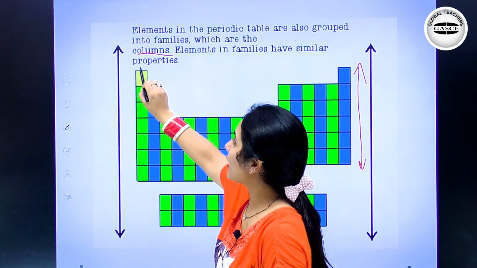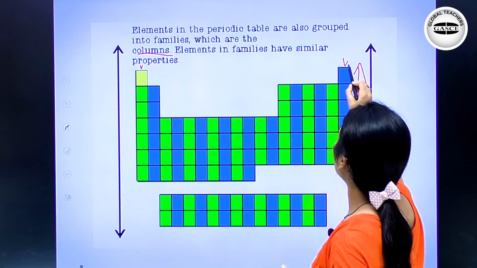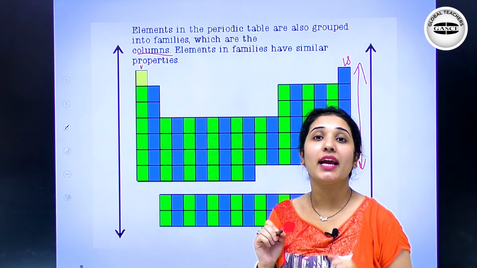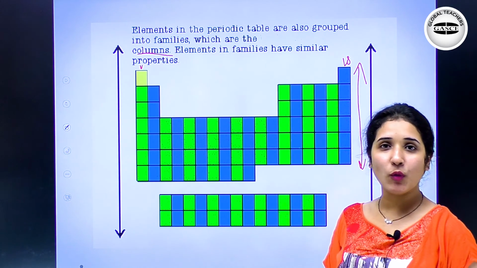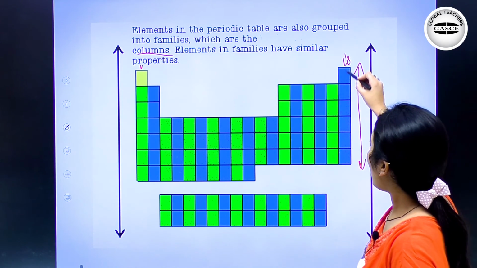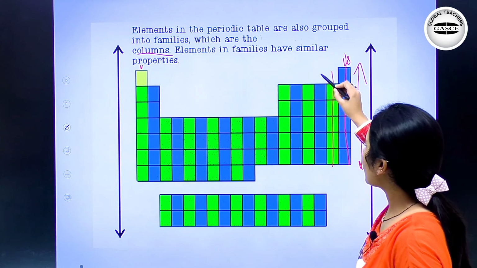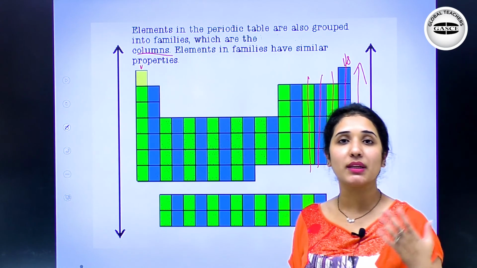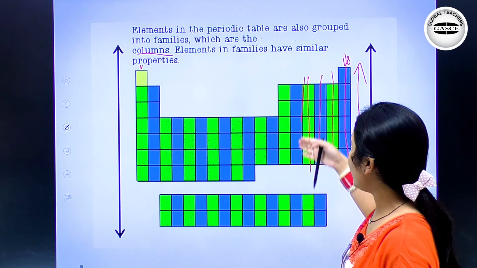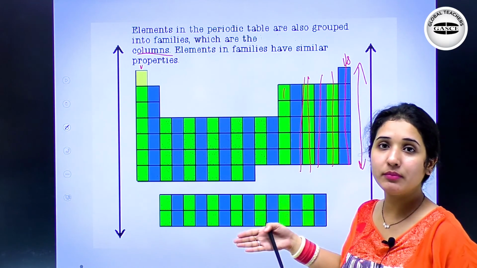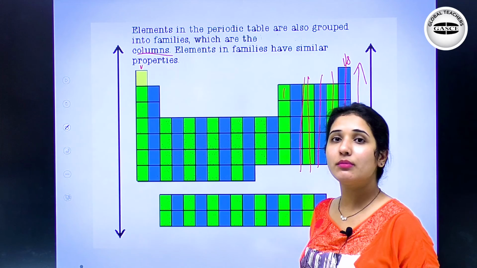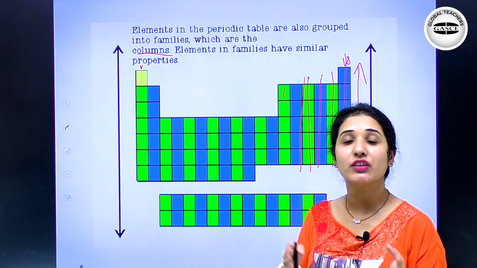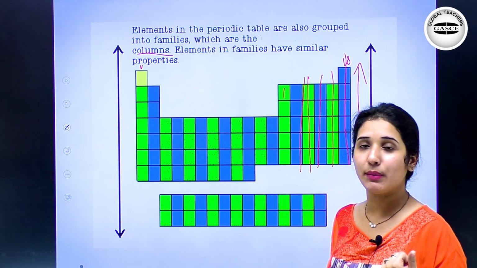Starting from 1 till here, we have a total of 18 groups in the modern form of the periodic table. Again, the elements are classified into different vertical columns on the basis of their similar properties. All the elements which exist in a vertical column have specific properties which are the same for all the elements.